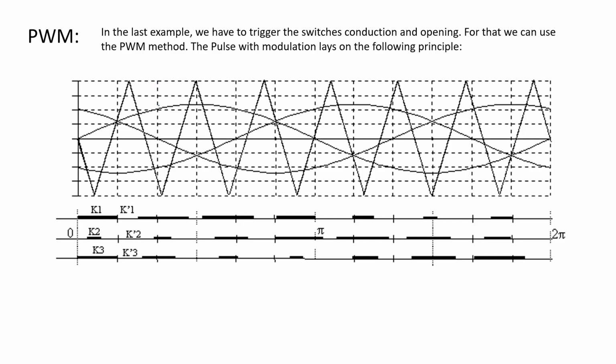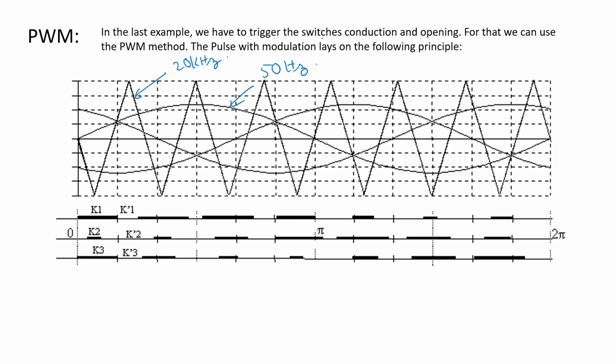So in order to do that, we do a comparison between the sine wave and a triangle signal like this. The triangle is usually at a very high frequency, which can be up to 20 kilohertz, and the sine wave is the usual 50 hertz.